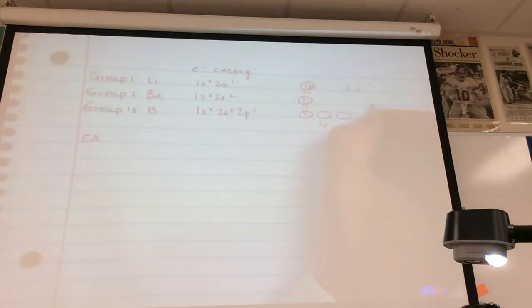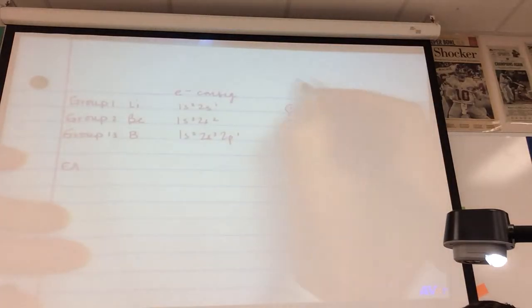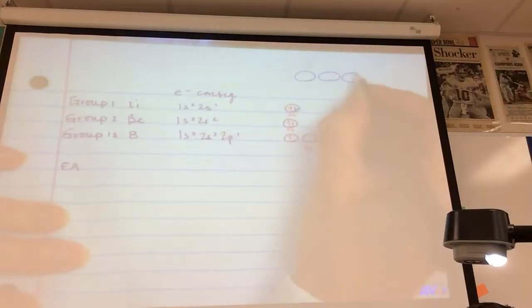Well, if you want to attract and hold an electron for beryllium, you're looking at this. Where does the electron have to go? The next subshell. Not the next shell, the next subshell. You would have to introduce it into the 2px. That's another thing I want to mention. When you have a p subshell, it's typically px, py, and pz.